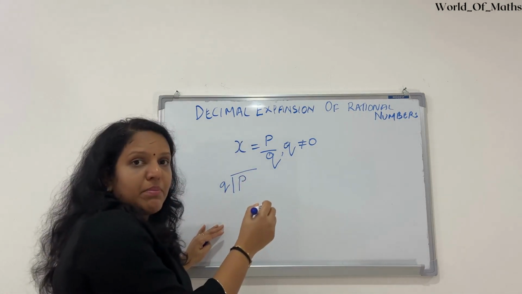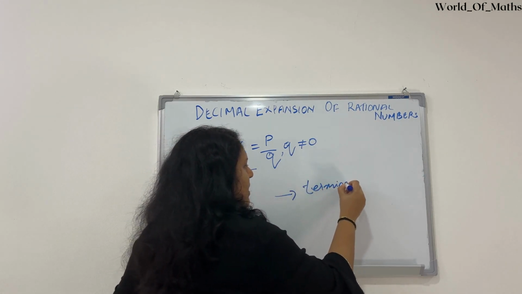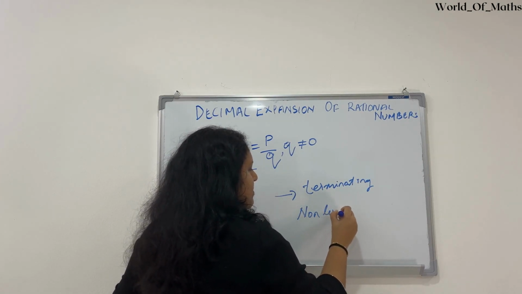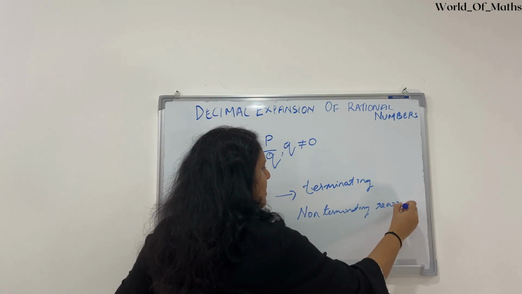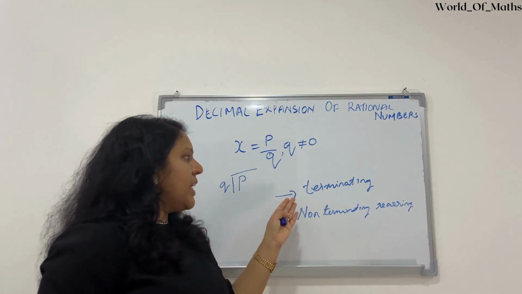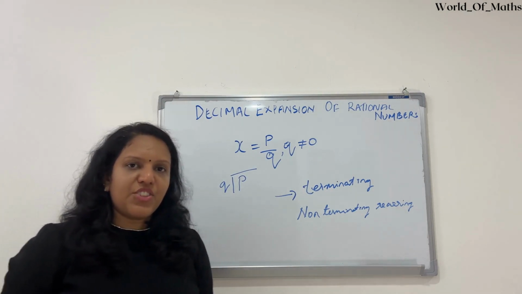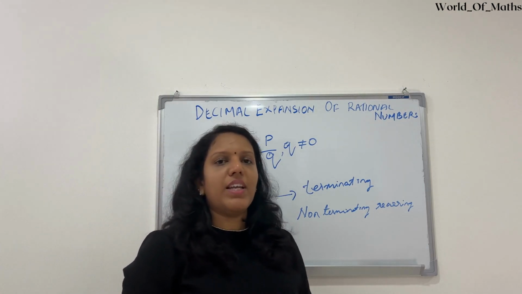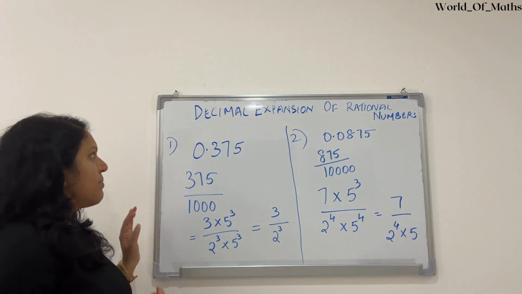So the decimal expansion of a rational number can be terminating or non-terminating, recurring, repeating decimals. In this section we will explore when the decimal expansion of p by q is terminating and when it is non-terminating, recurring.